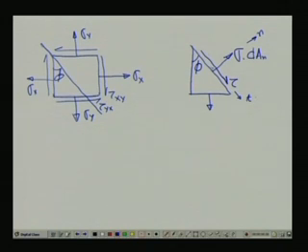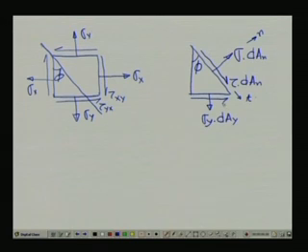What is the force acting due to the shear stress? This is tau into dAn. The force here acting is sigma y into the corresponding area, which we consider as dAy.